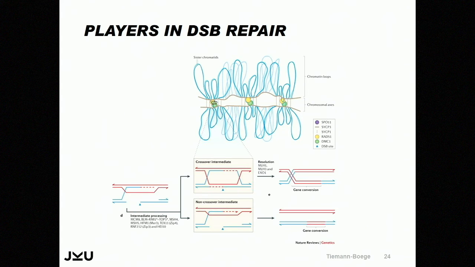Here you have strand invasion, you have strand synthesis, and during that you can see that you form crossover intermediates or non-crossover intermediates, and there's one small segment of the genome that we call gene conversion, where you can have the repair of one allele versus the other.